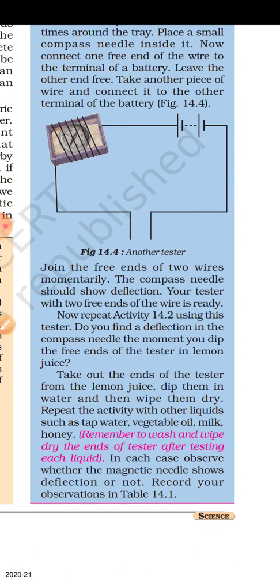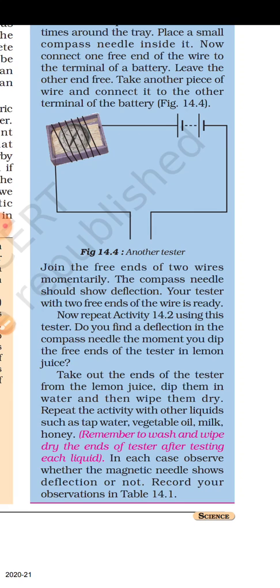The first material we have to use is lemon juice. In the previous circuit, when we tested the lemon juice, it was a conductor of electricity because it contains salts.